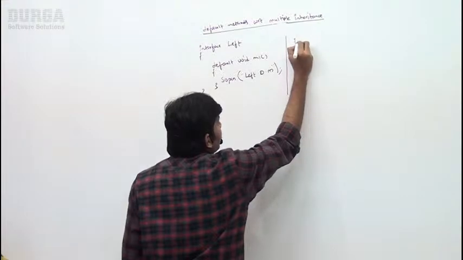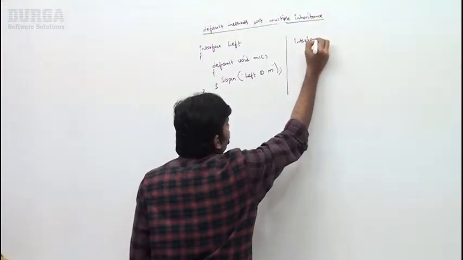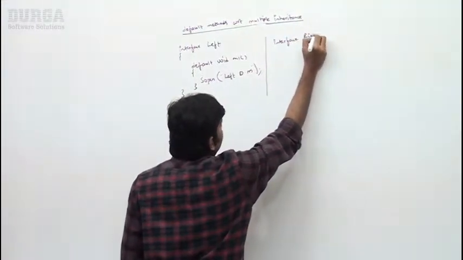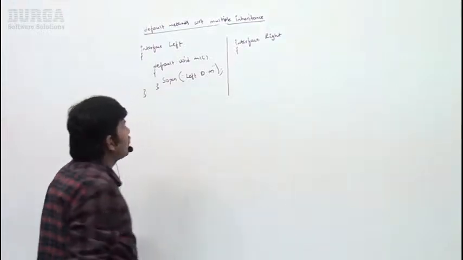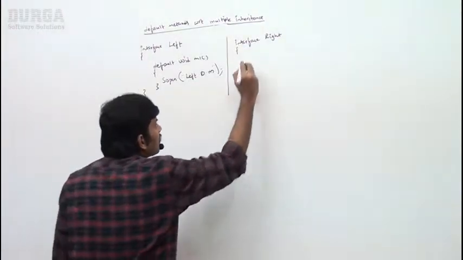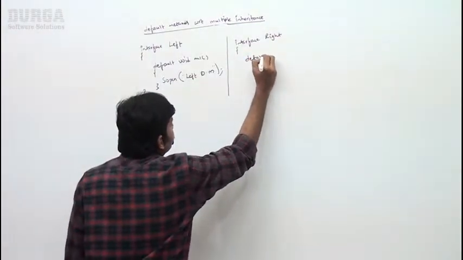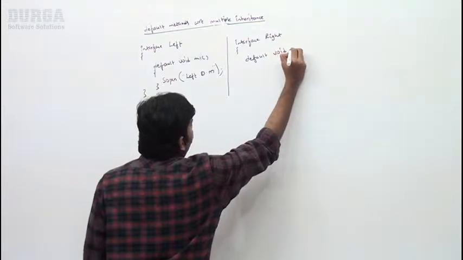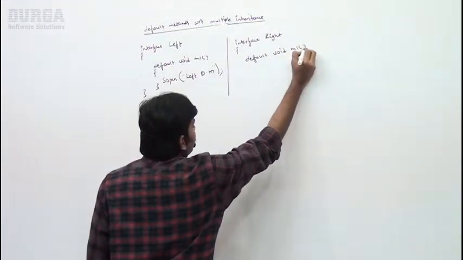Similarly, I am taking interface Right, with default void m1 method.